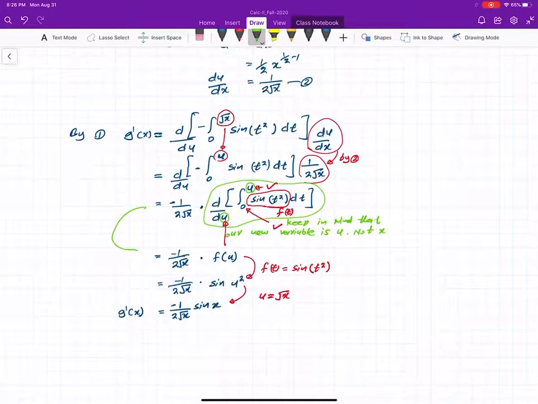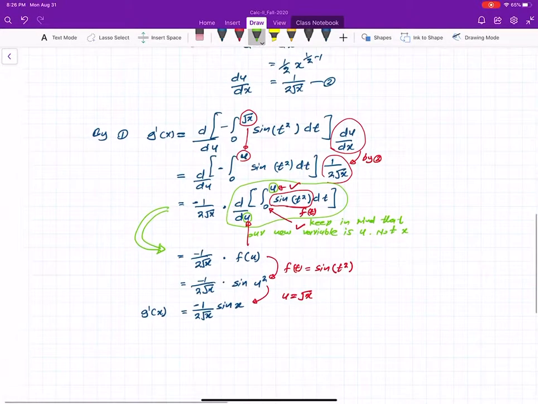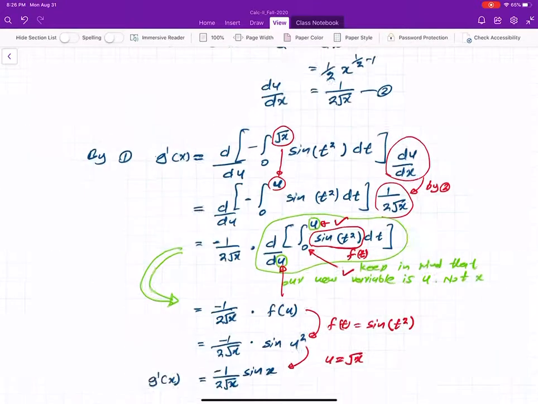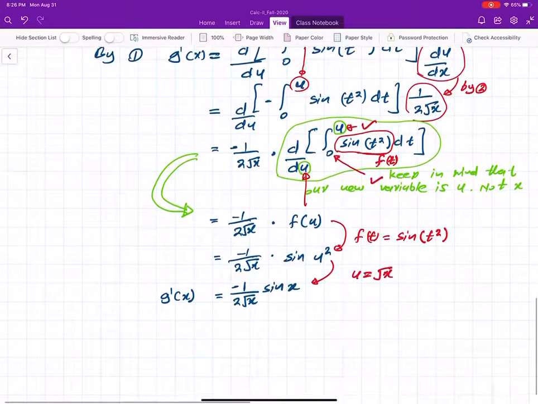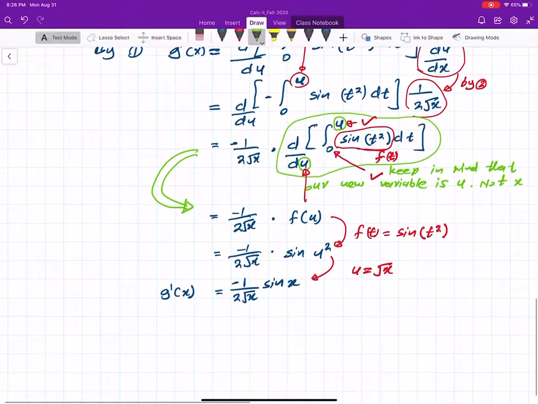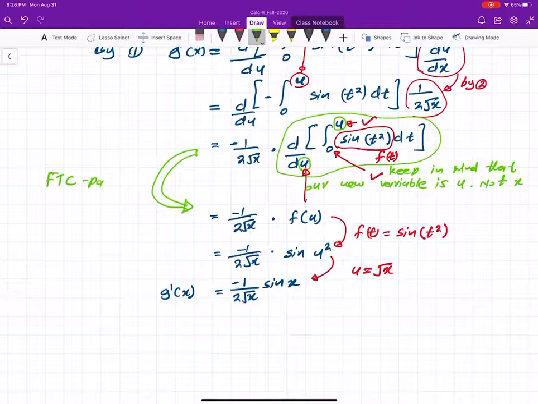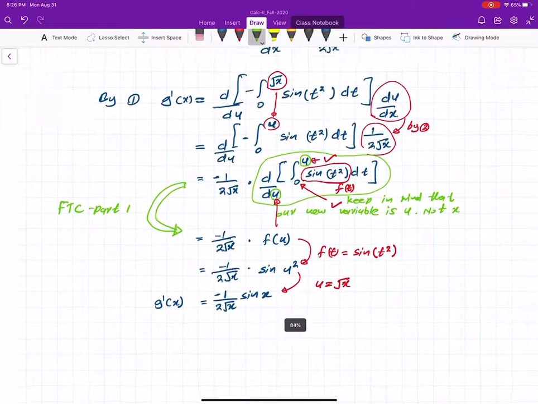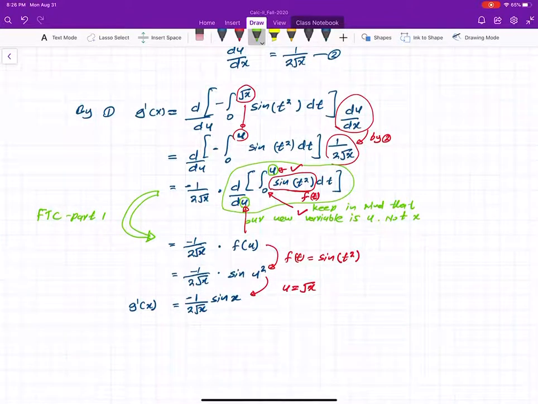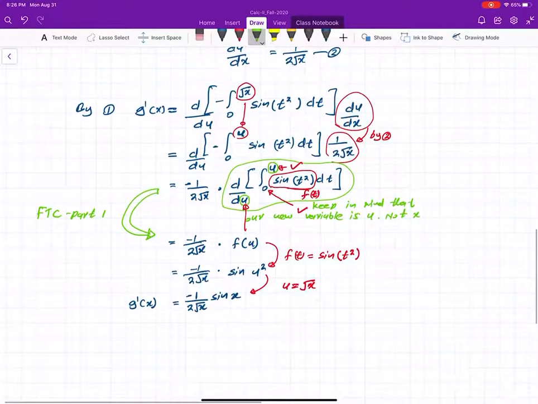From here to here you used the fundamental theorem of calculus, Part 1.